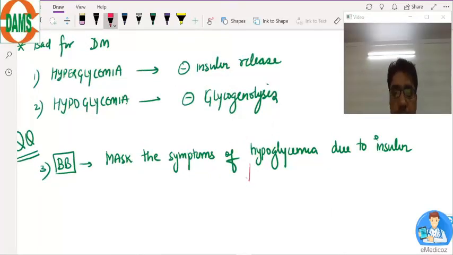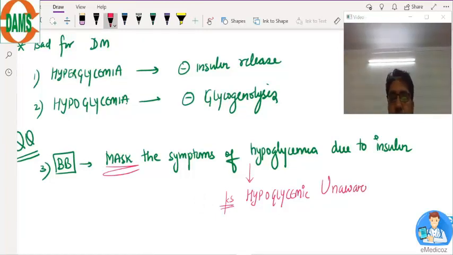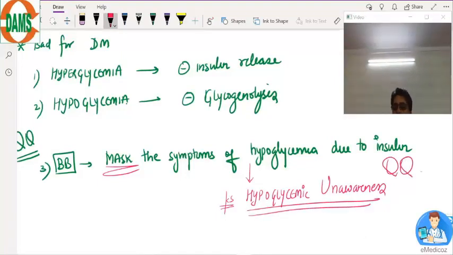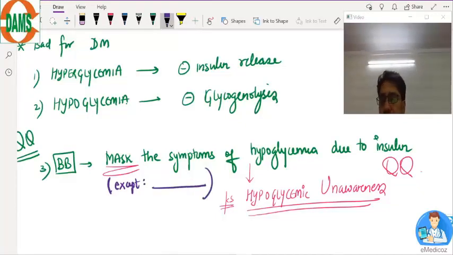And this property is known as hypoglycemic unawareness. Now, below this mask the symptom, in bracket you will write except.